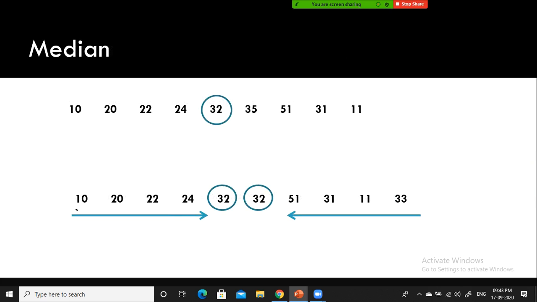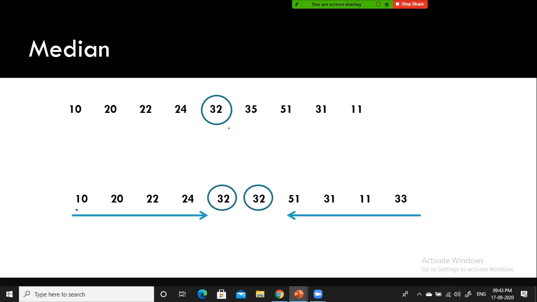And the next one is median. One drawback with mean was that you cannot find the average on heavily skewed data. So next one is median.